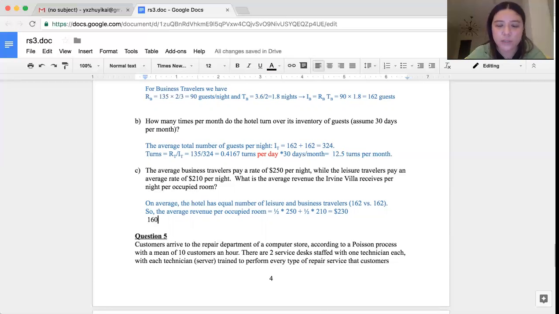So how do we calculate it? We need to use 160 times 250 plus 162 times 210, and divided by the total number of business and leisure travelers, 160 plus 162.